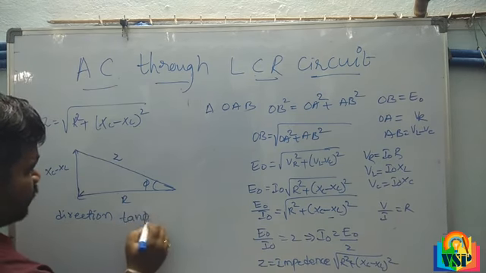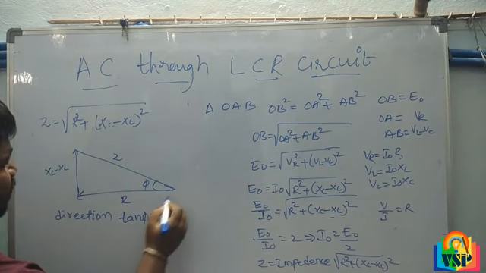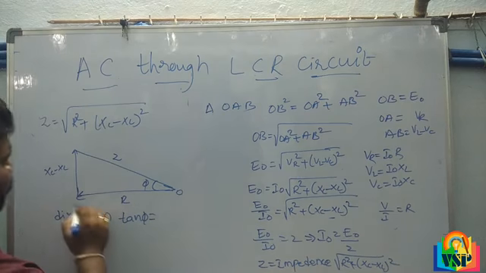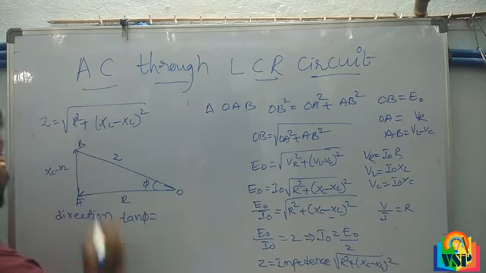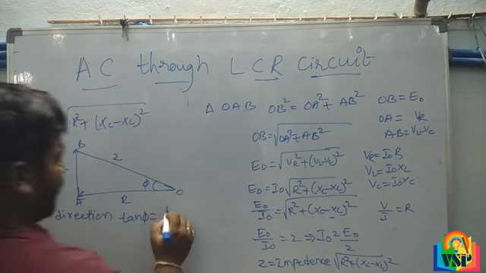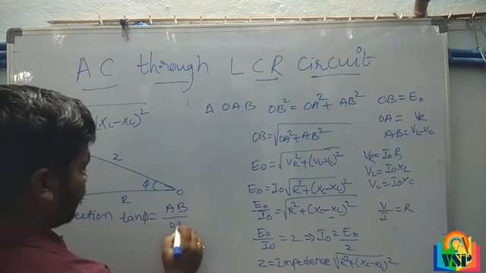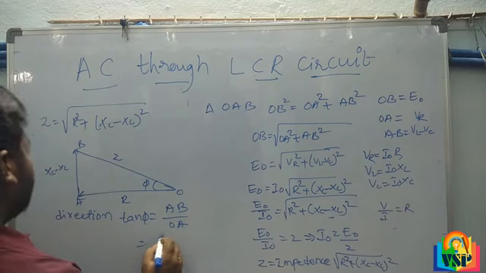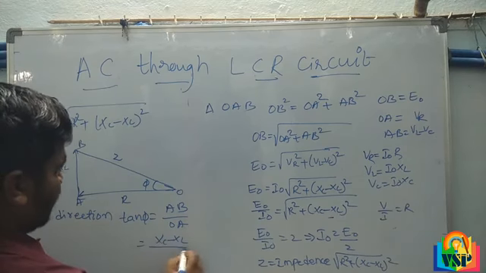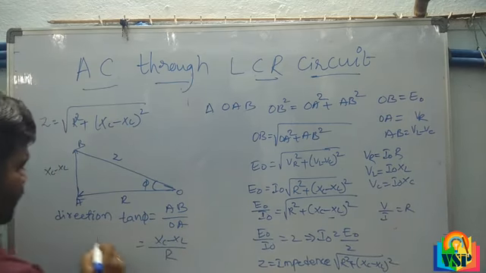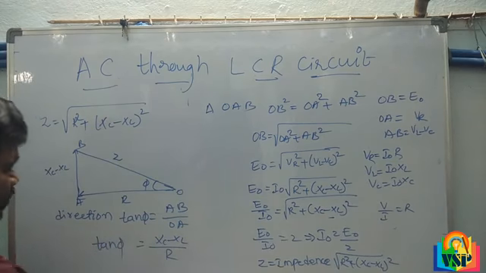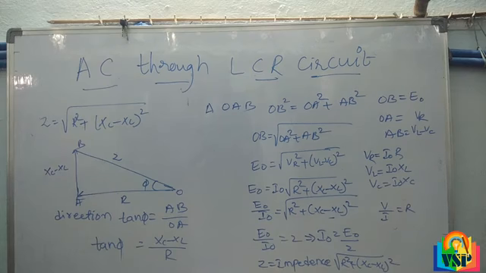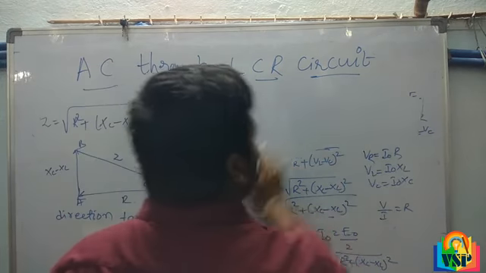Tan phi is equal to AB by OA. What is AB? XC minus XL by OA, R. Okay, this is called direction. Tan phi is equal to XC minus XL by R. Understand, my students?